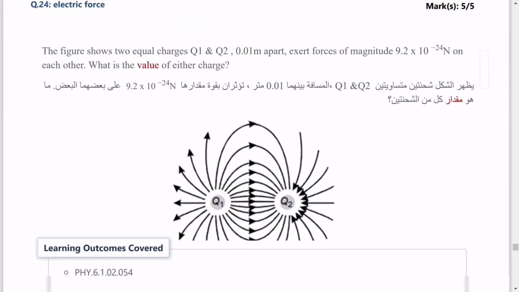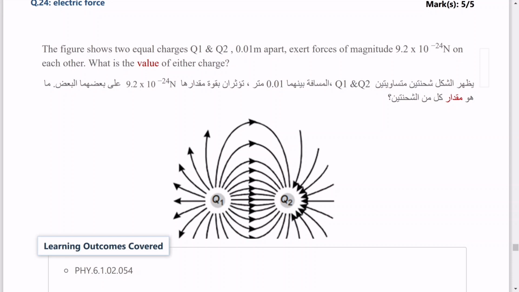Question number 24. The figure shows two equal charges Q1 and Q2, 0.01 meter apart, exerting a force of magnitude 9.2 times 10 to the power negative 24 Newton on each other. What's the value of either charge? So we have the equation of Coulomb's law, that is force is equal to K multiplied by Q1 multiplied by Q2 over R squared.